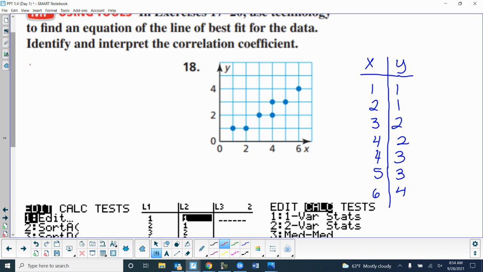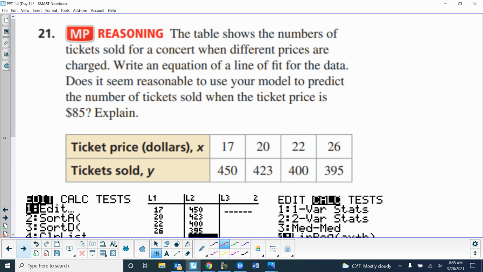All right, so if that was giving you an issue, that's (1, 1), and that's (2, 1), and that's (3, 2), and (4, 2), and (4, 5), and (5, 5), and (6, 4), (3, 5), (3, 3), and so on. Okay? So they didn't actually give you the X and Y values. You had to look at the graph that time. All right, and then 21.